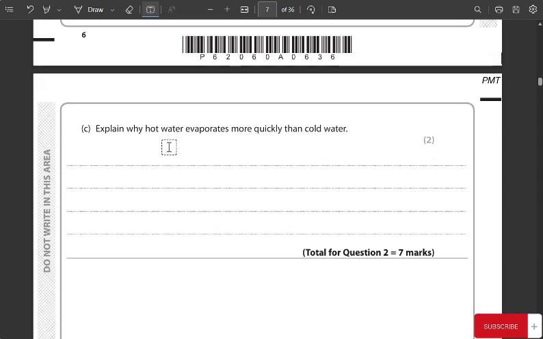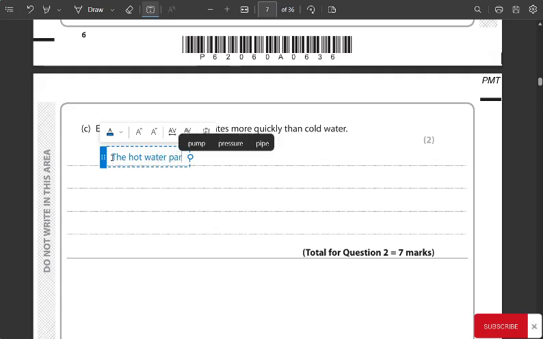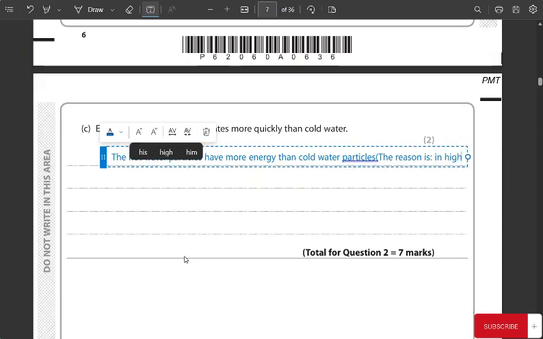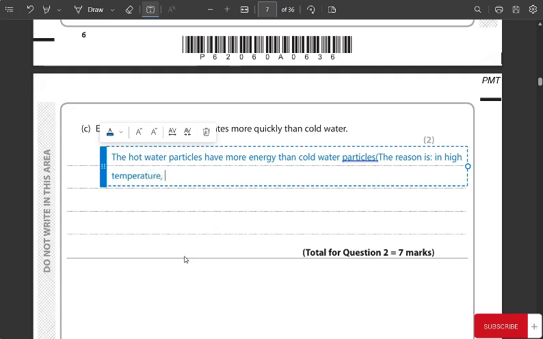And the C part. Explain why hot water evaporates more quickly than cold water. The first reason will be that the hot water particles have more energy than cold water particles. And the reason is that at high temperature the particles move faster.